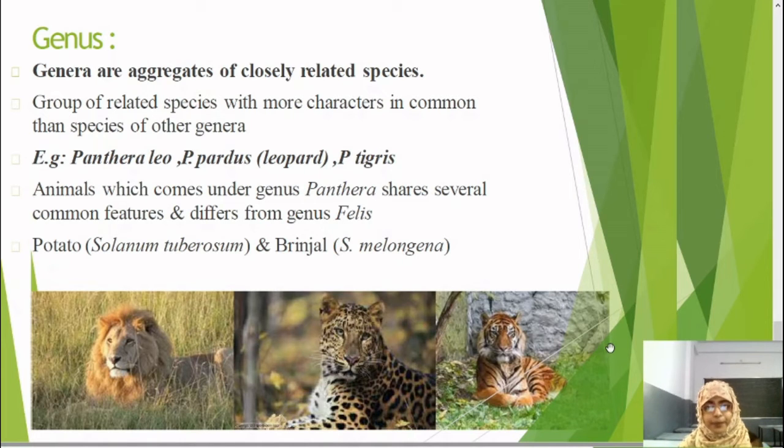These two are also kept under a single genus, that is Solanum. Initially you can see the common name, Solanum, while the species names are tuberosum and melongena.